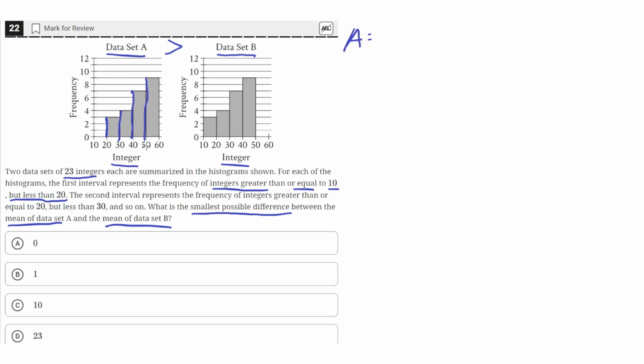So dataset A says that we have 3 as a frequency for this interval here from 20 to 30. But we want to find the smallest integers possible. So we'll assume that they're all 20. So we'll have 3 20s. Then we'll add that with 4 30s.